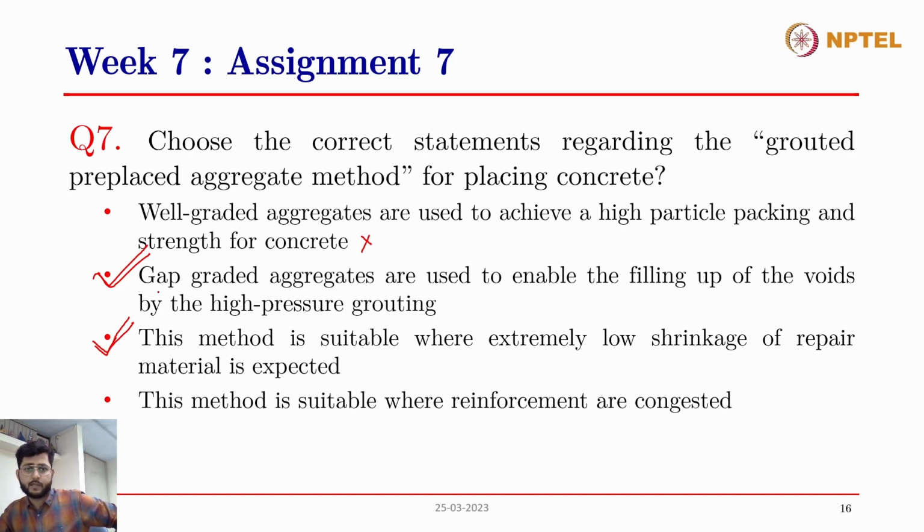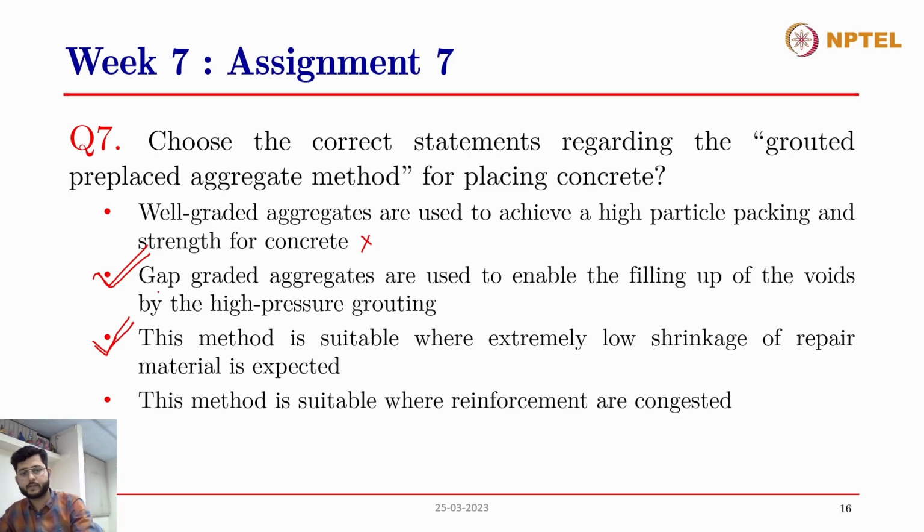the reinforcement. Also, a congestion of the reinforcement will prevent the grout from filling up all the void locations and covering all the regions inside the formwork. Since it is pumped with a high pressure, and this is typically done on vertical elements and not horizontal surfaces, having a reinforcement congestion will prevent the grout from filling up all the void locations, and therefore this is not a suitable method for a case where there's a congestion of reinforcement.